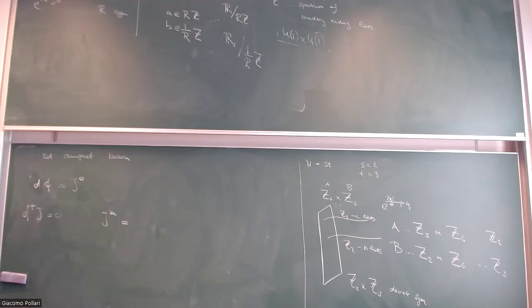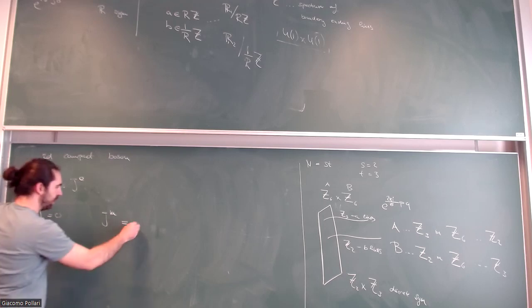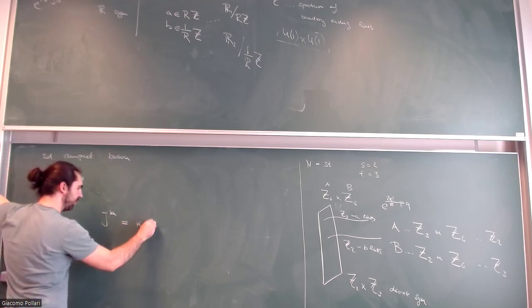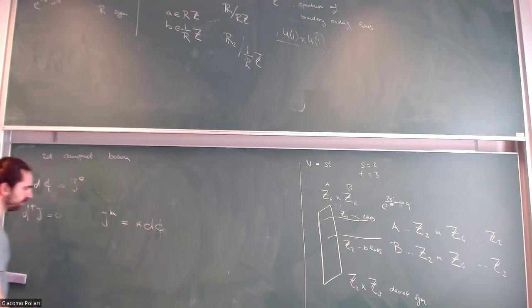There's also this guy, and this is a star of the d phi. It's not proportional to this, right? It's a whole other current. One form, d dagger of it is again 0.